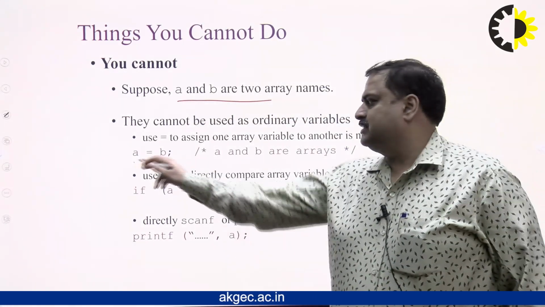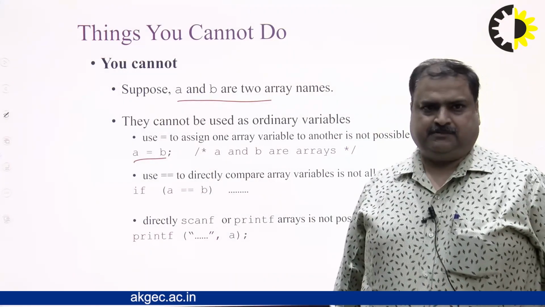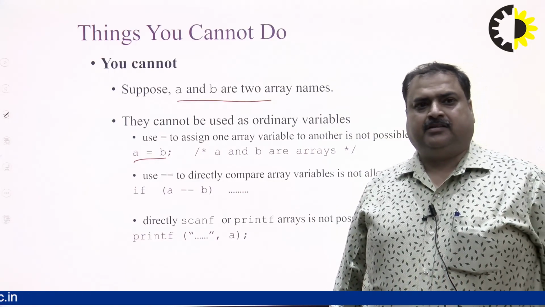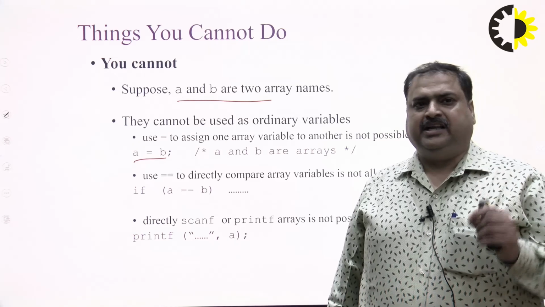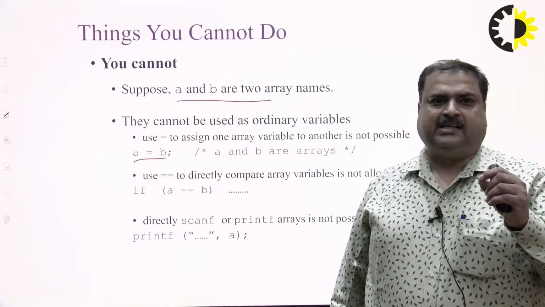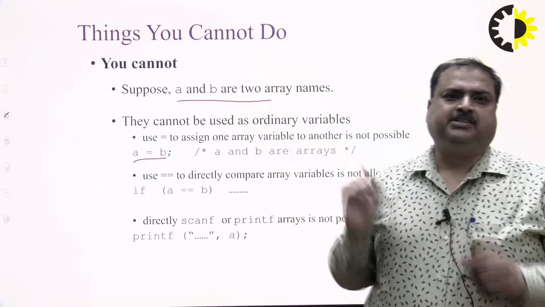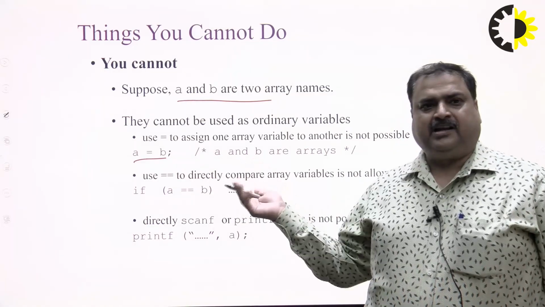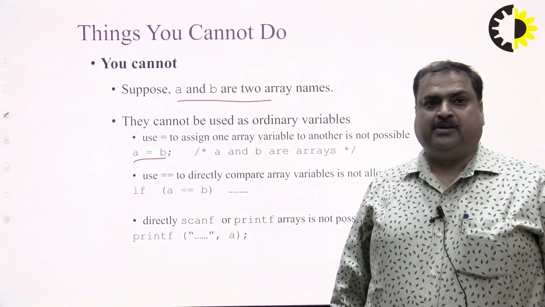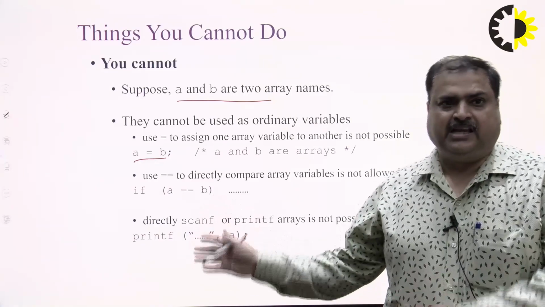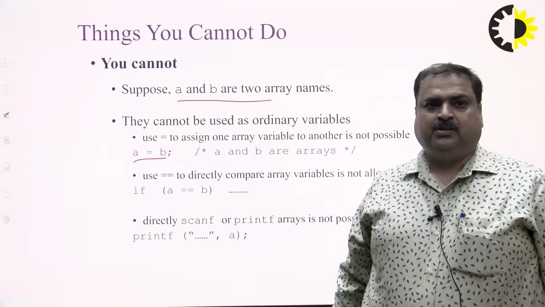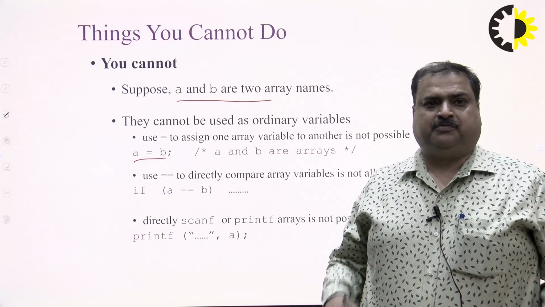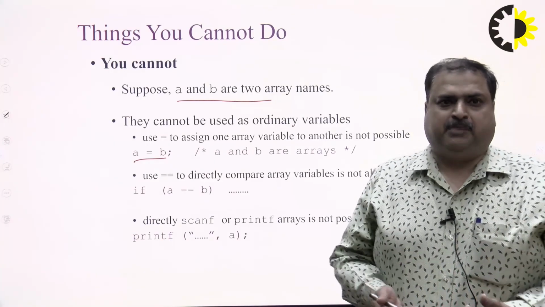We cannot use the assignment operator with array variables, as the name of an array contains the base address of the memory location where it is stored. One base address cannot be directly assigned to another base address. That means we are not copying the elements of one array to another array. That is not logically right, and that is not philosophically what we are trying to do with the assignment operator.